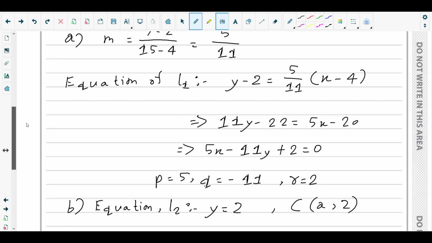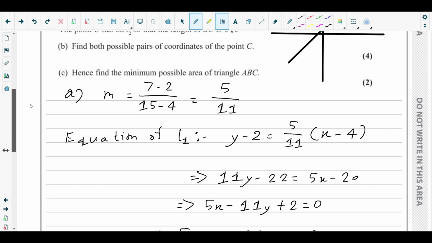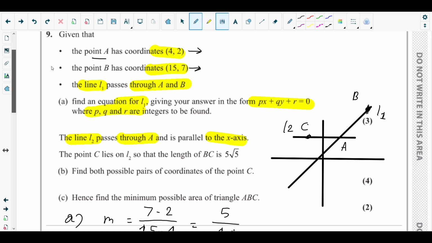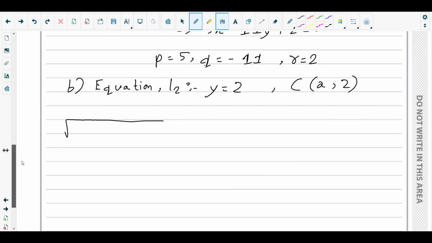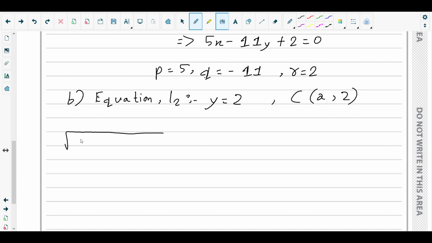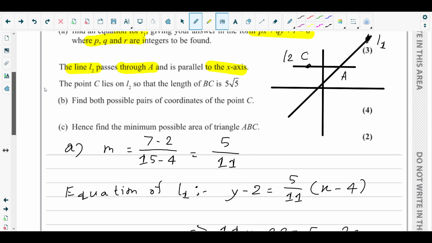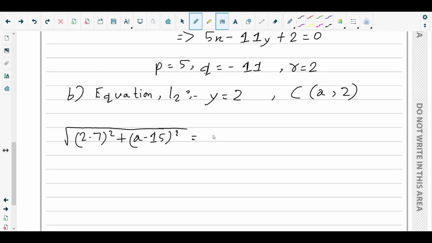So the distance between B and C is: y2 minus y1, so 2 minus the y coordinate of point B, which is 7. So 2 minus 7 whole squared plus a minus 15 whole squared, this is equal to 5 square root of 5.